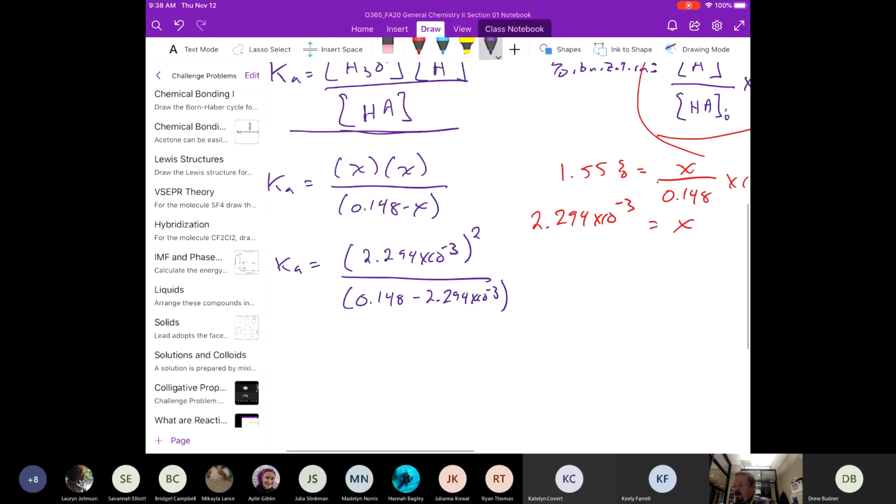When we solve that, Ka becomes equal to 3.61 times 10 to the negative 5. If we follow units, that's going to be an M.